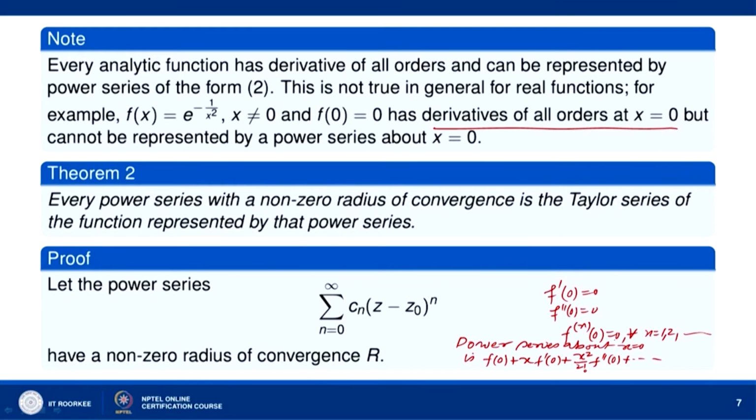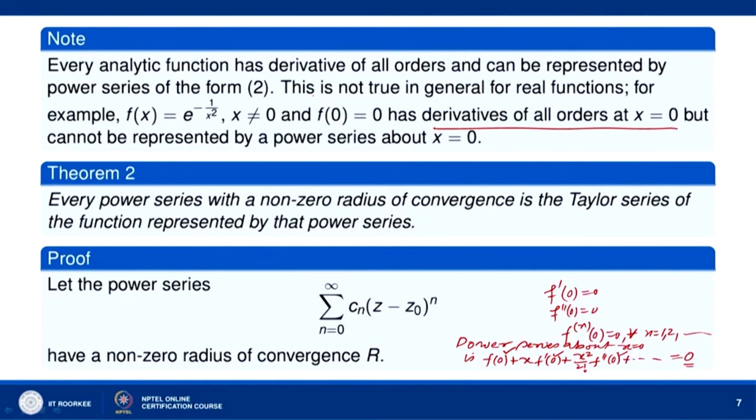Now, we know that here f(0) is equal to 0, f dash 0 equal to 0, f double dash 0 equal to 0. So the power series becomes 0. So it definitely does not represent f(x) equal to e to the power minus 1 by x square. So this function cannot be represented by a power series about x equal to 0. So this result holds in the case of complex analytic functions only.